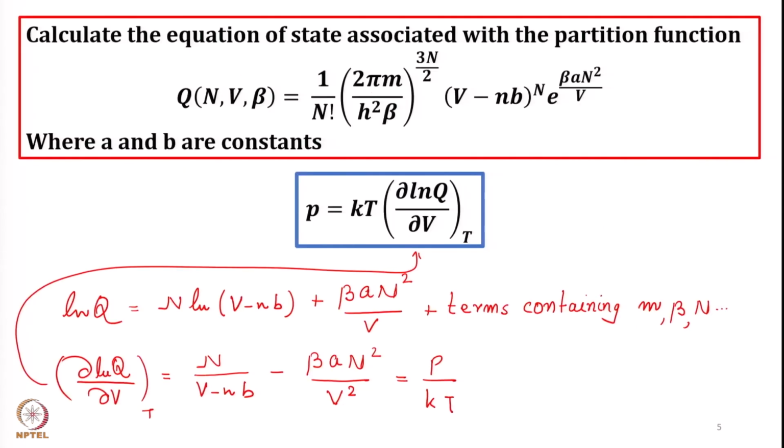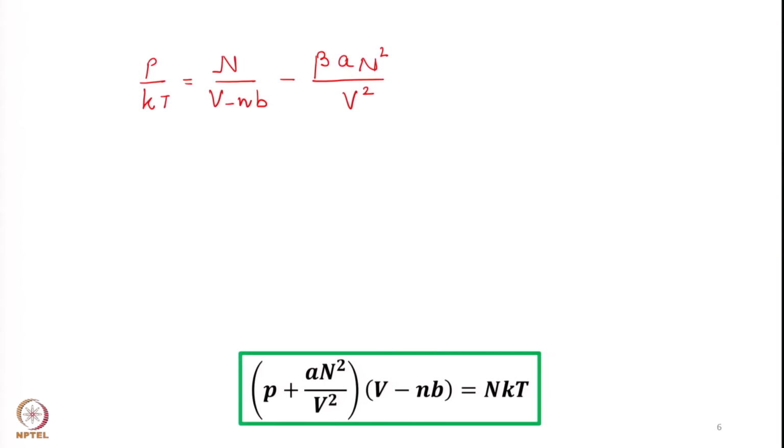This is what it is. All right. So therefore, P is equal to NkT over V minus Nb, minus beta, where beta is 1 over kT, into kT into A N square over V square.